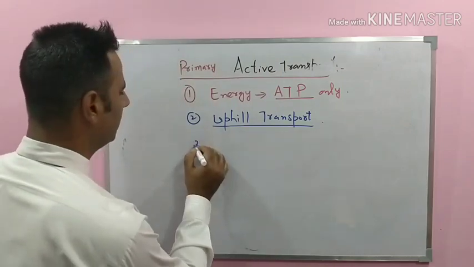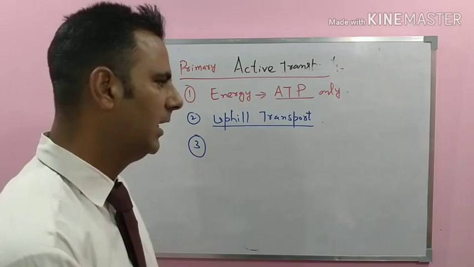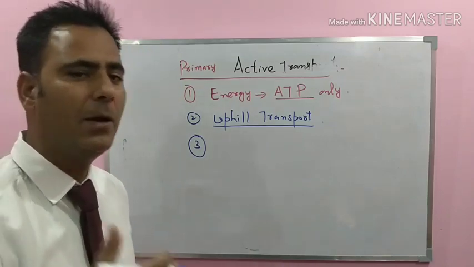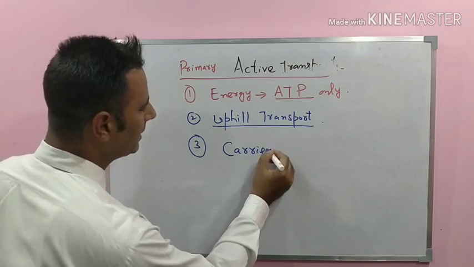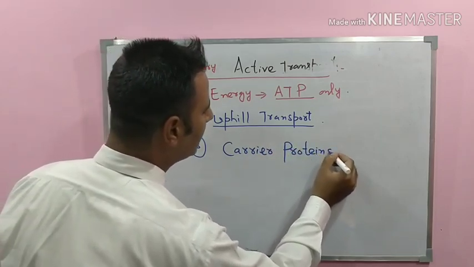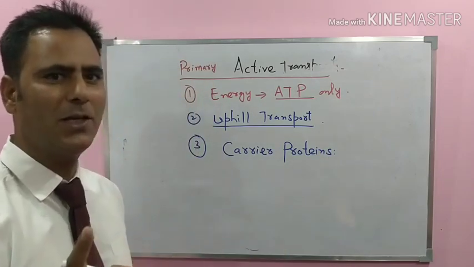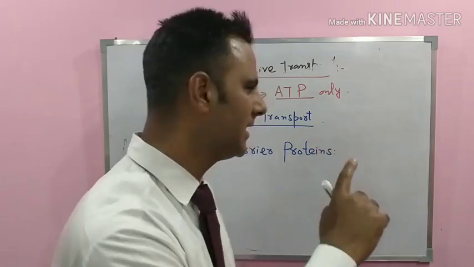And third, primary active transport is carried out with the help of some proteins which we call carrier proteins. Carrier proteins are always involved in active transport, except permeases, which we have already discussed.